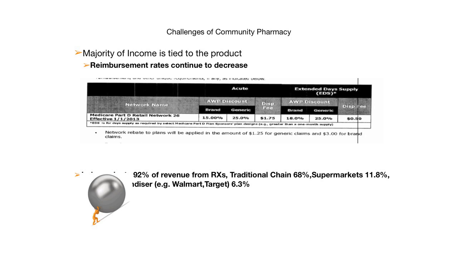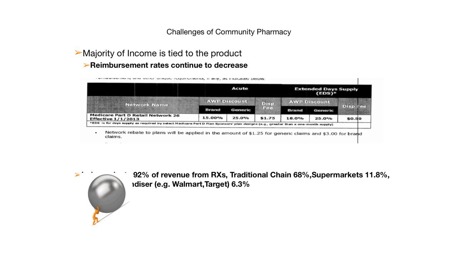So on brands, usually pharmacies are buying at least 19% below AWP, and on generics they may be buying 50% below AWP. However, a lot of times those AWP contracts can be as high as AWP minus 18% or 25%, and they've gotten a lot more convoluted over the years since 2013, and that was only 6 years ago.